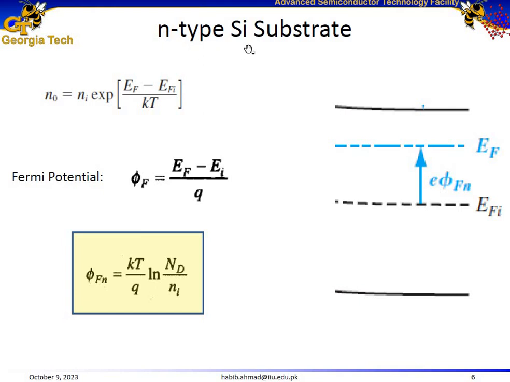Similarly, for an n-type silicon substrate, the Fermi energy level would be close to the conduction energy level, and its Fermi potential is represented with phi Fn. We can calculate it using this expression, where Nd now represents the donor doping.